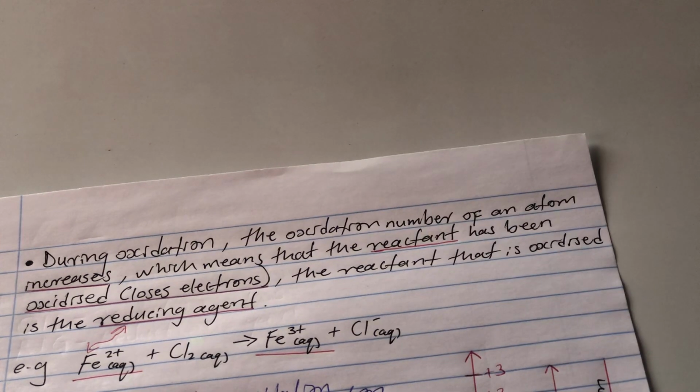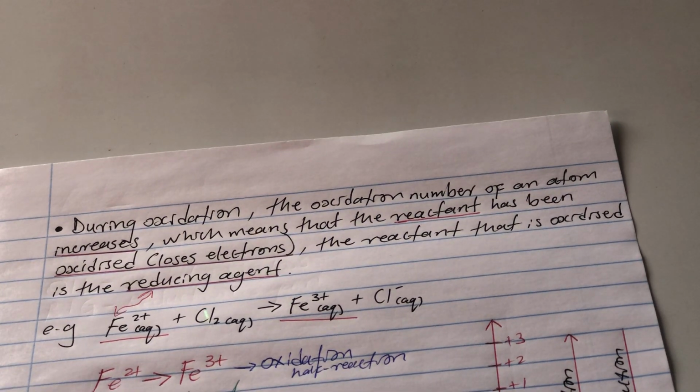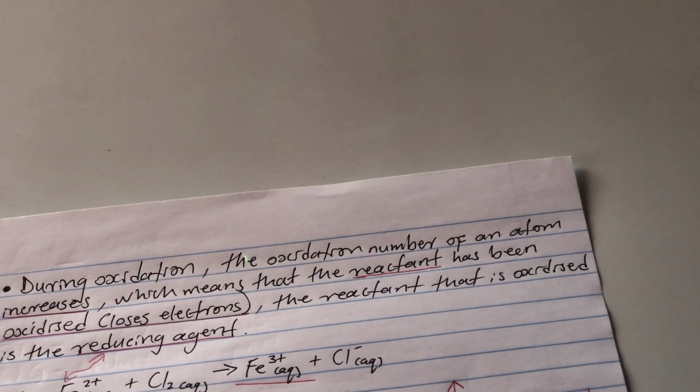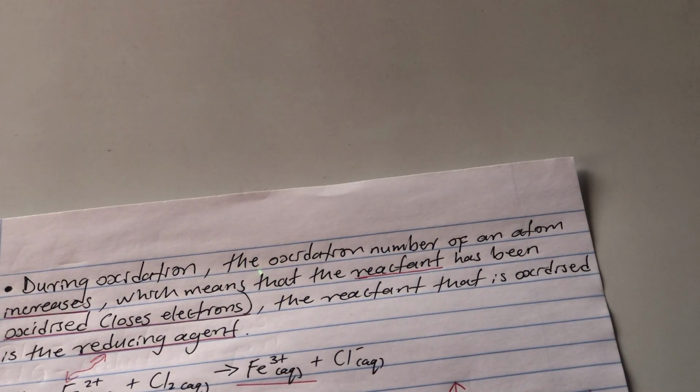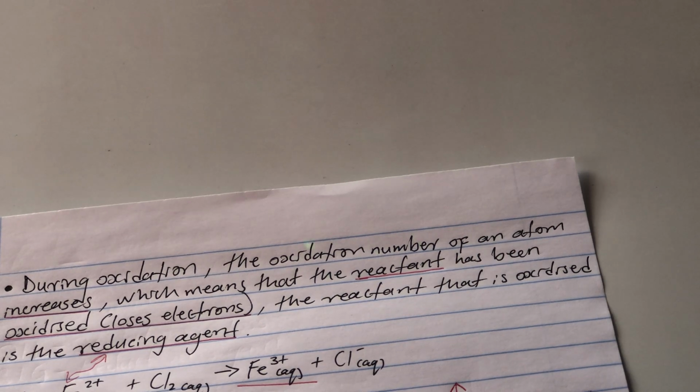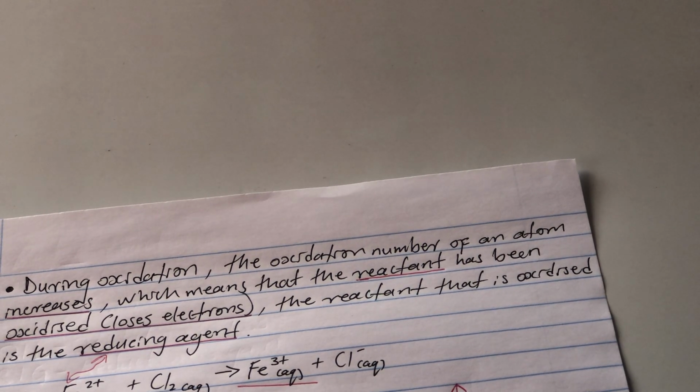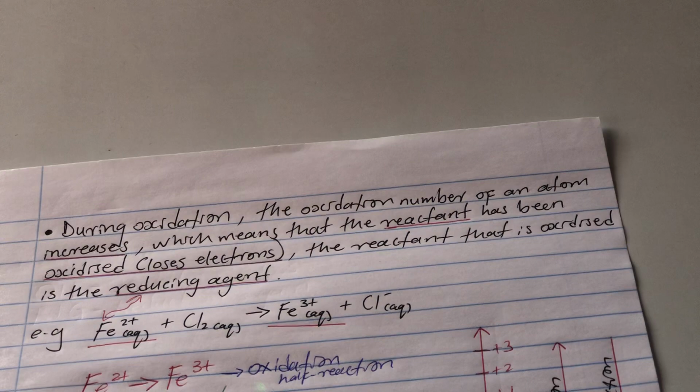Here we're given a redox reaction. Our job here is to identify the oxidation half reaction, and we will be helped by checking the oxidation number of the reactant and the product.